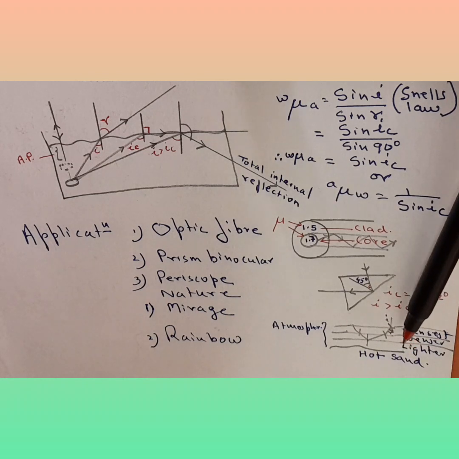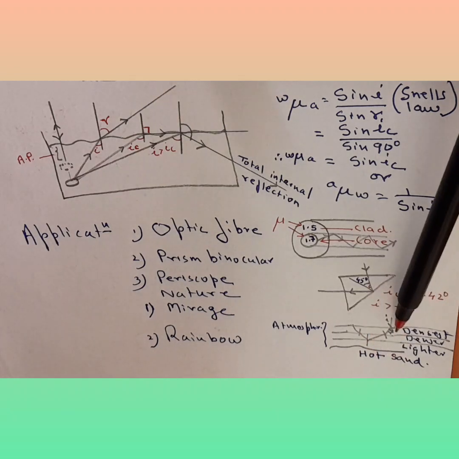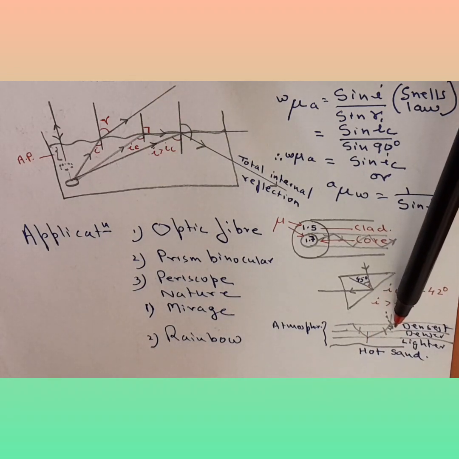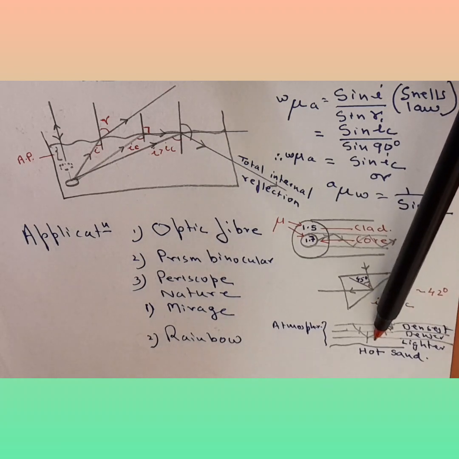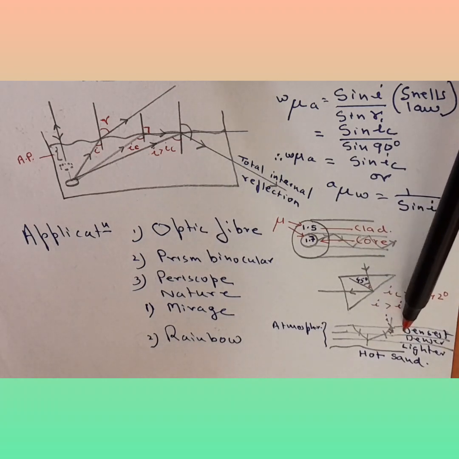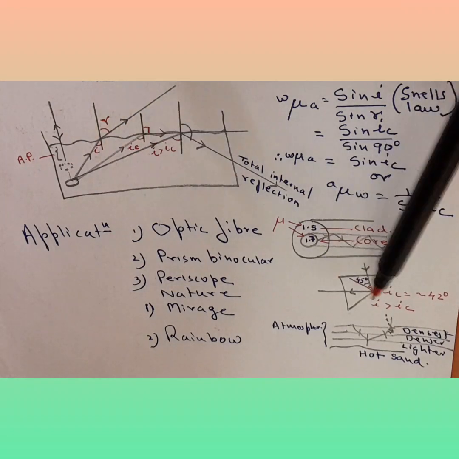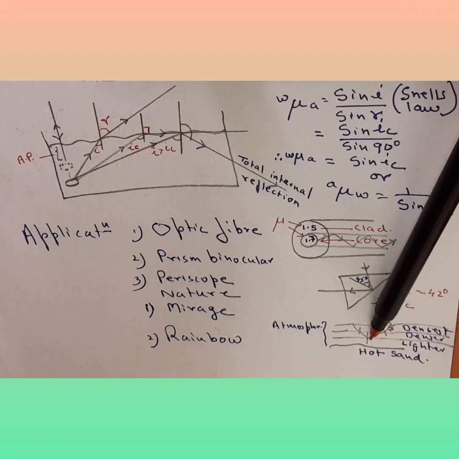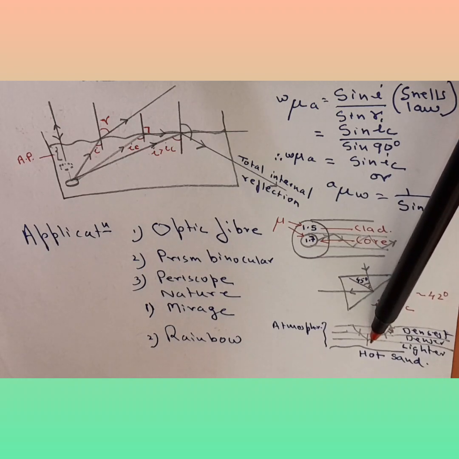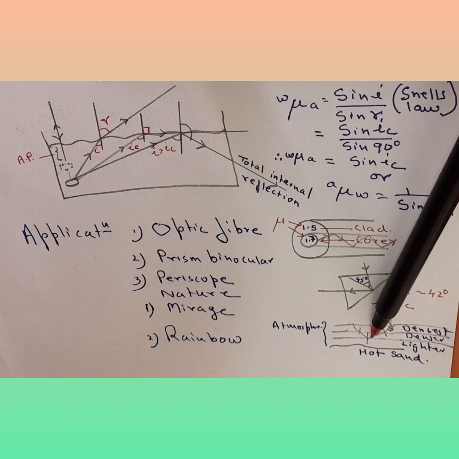So obviously the condition required for total internal reflection is quite okay. So it's passing from denser medium, then again it is from denser to lighter. So that's what we observe. So the angle of incidence keeps on increasing, and when it comes to this surface, the angle of incidence becomes greater than critical angle.